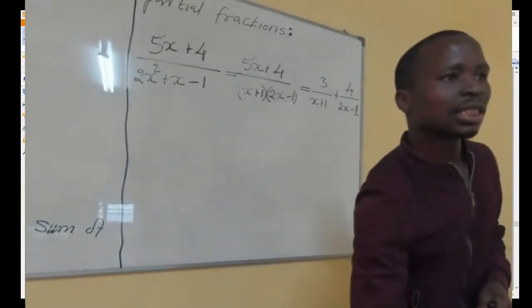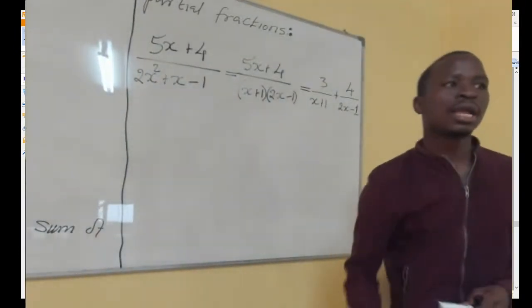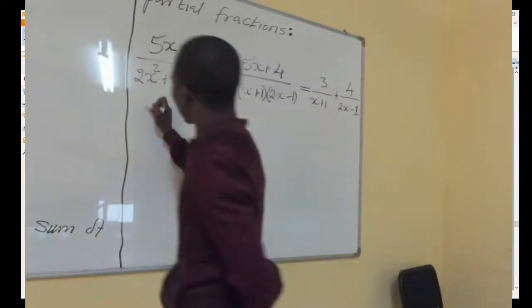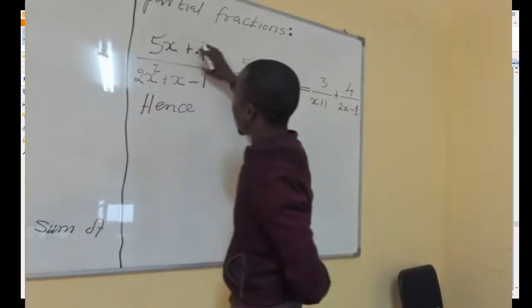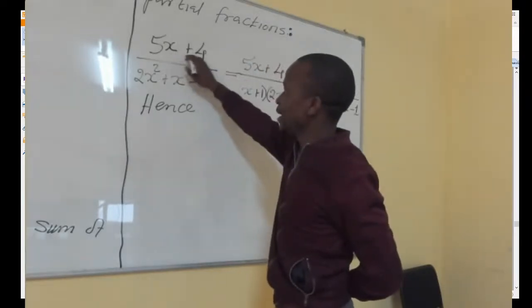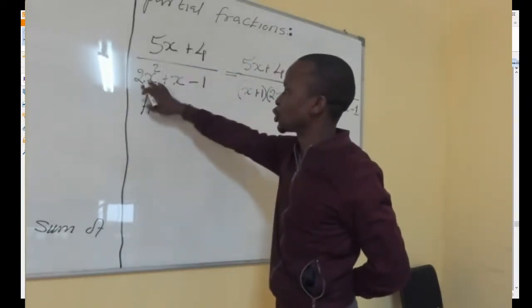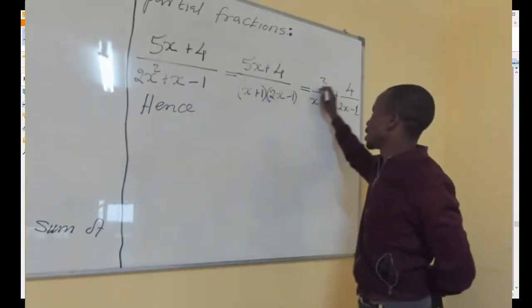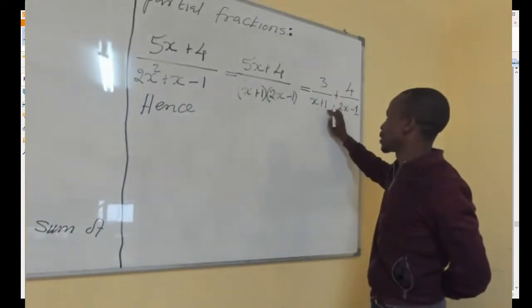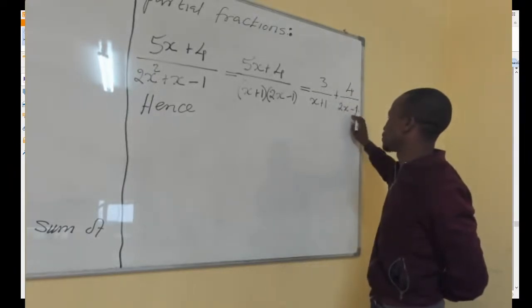After you do that, hence, what you are saying is the integrand 5x plus 4 divided by 2x squared plus x minus 1 is the same as 3 over x plus 1 plus 4 over 2x minus 1.